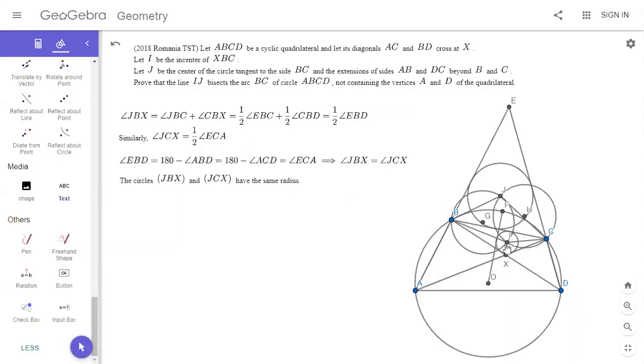wait a sec, this looks like I drew a circle through JB and I instead of JB and X. Yeah, let me just... oh no, I did want BJ and I. Wait, now I'm confused. Oh, this should be JBI all along.